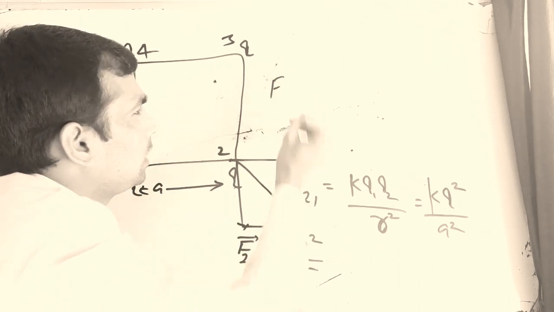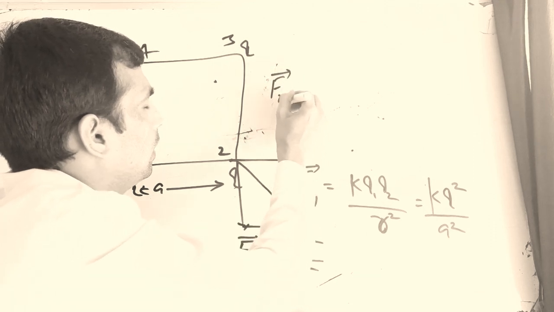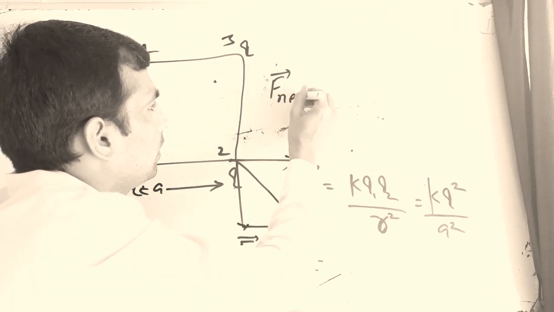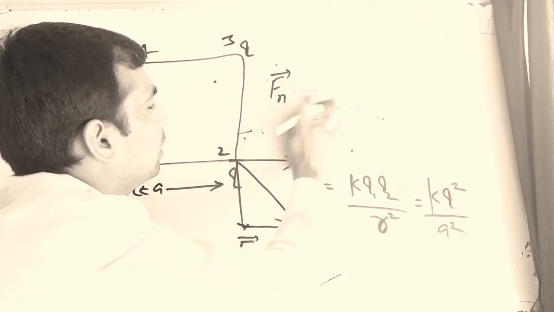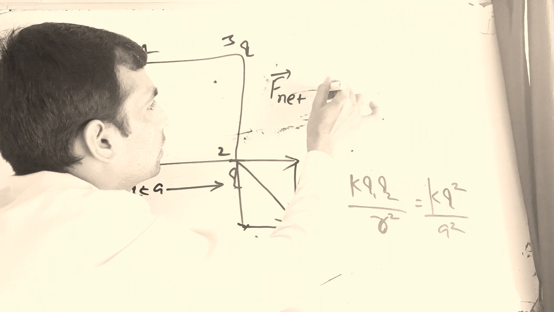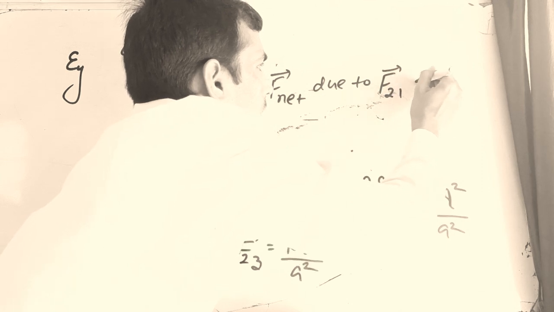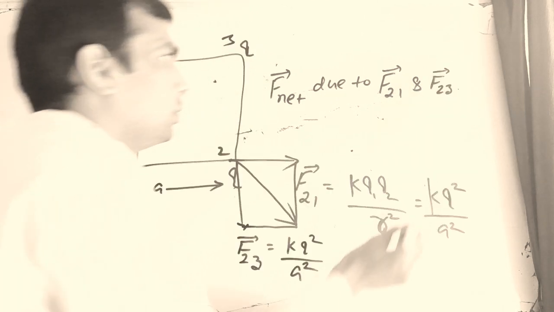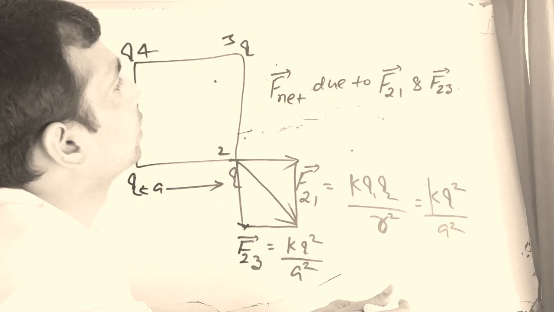So I'm going to say that F net is due to the force of 2 due to 1 and the force of 2 due to 3, right? This is basically F net. Okay, fine.